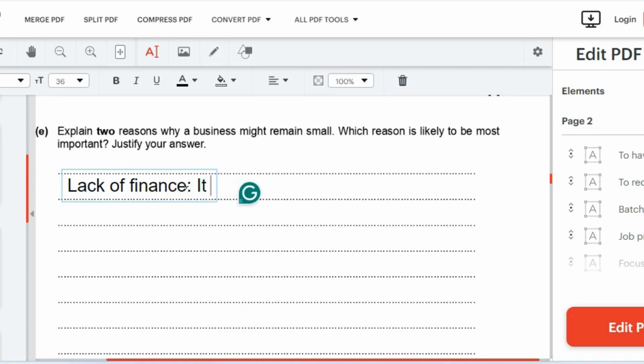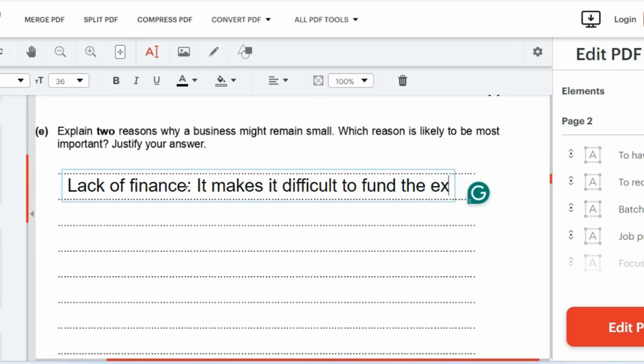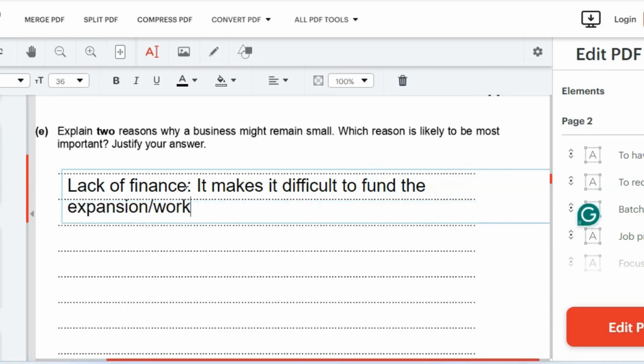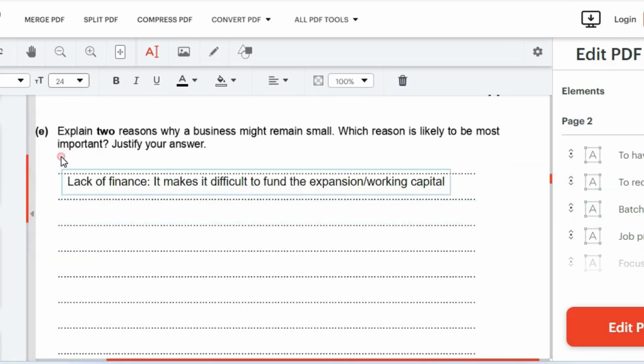It makes it difficult to fund the expansion or the working capital. That's the first reason why a business might remain small.